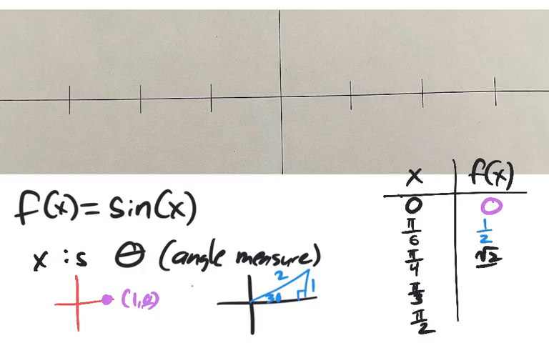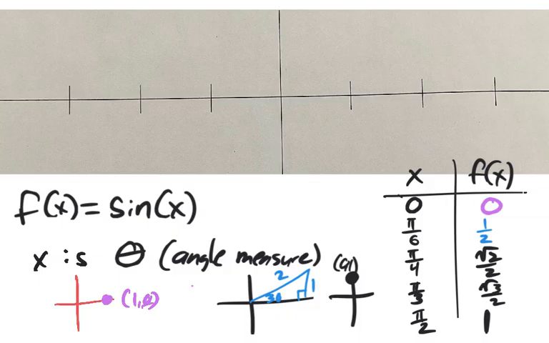It's radical 2 over 2. And you know where I got that from. Sine of pi over 3 would be radical 3 over 2. And then what about sine of pi over 2, sorry? Sine of pi over 2 would rotate me up here. This would be 0, 1. And that's the y value.